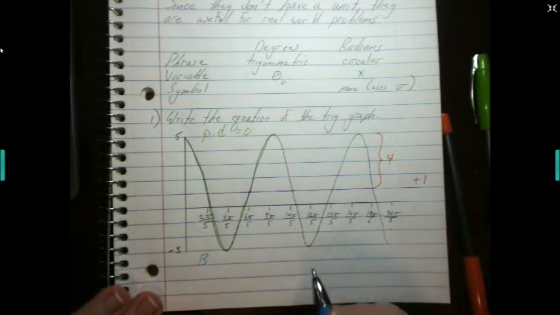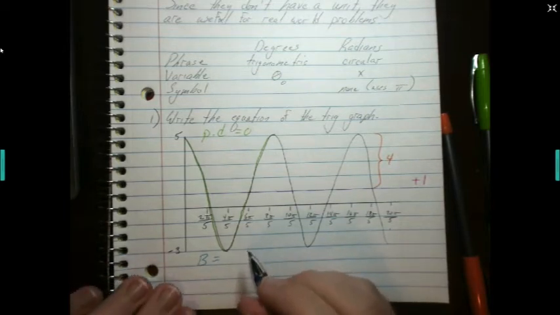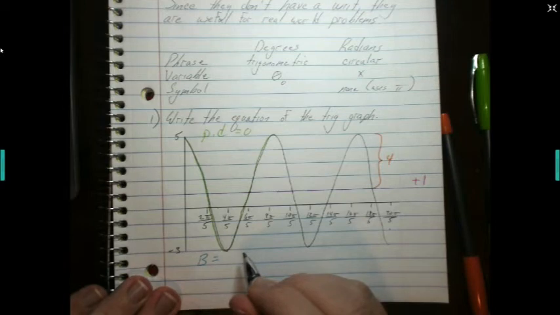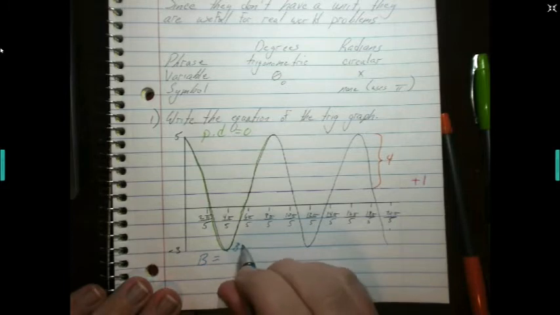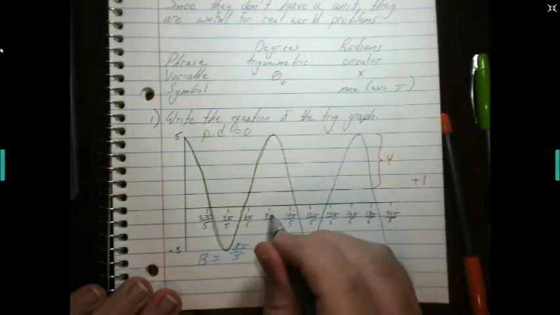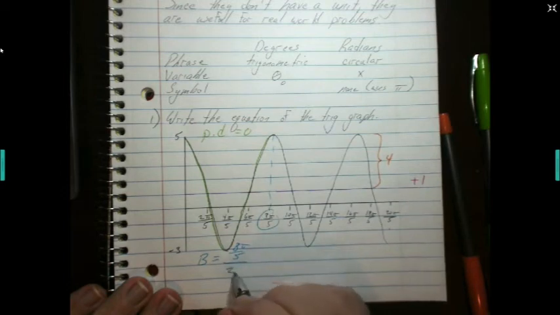So our b value is going to be given by this: 8 pi over 5, because that's when it ends its full cycle, divided by 2 pi.